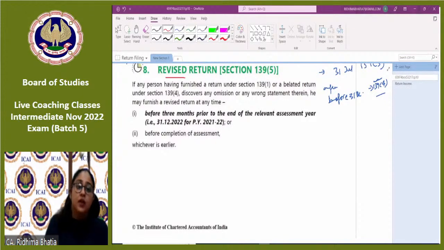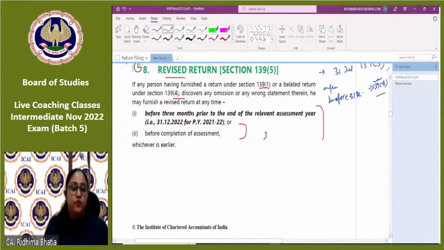As simple as that. You can revise your late return, you can revise your due date return, but again there has to be a window, because otherwise anyone would take advantage of it. The window is the same. The revision can be done at any time or n number of times before 3 months prior to the end of the relevant assessment year, or before completion of assessment.